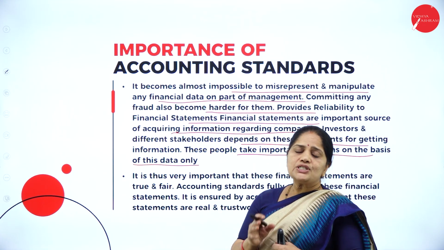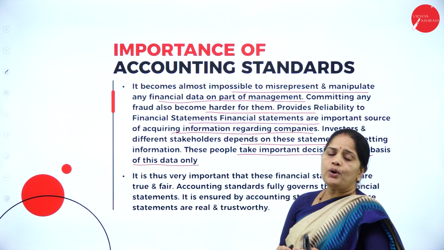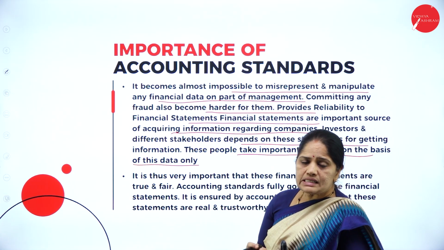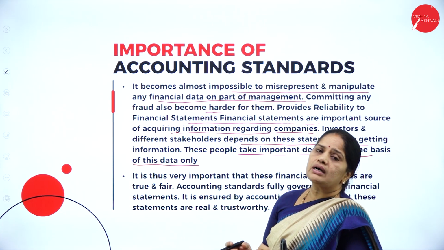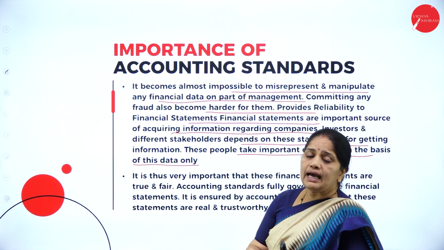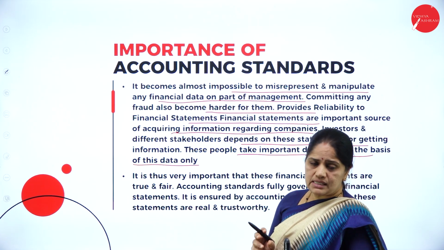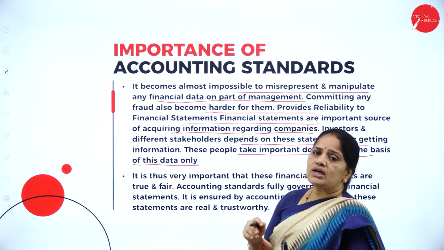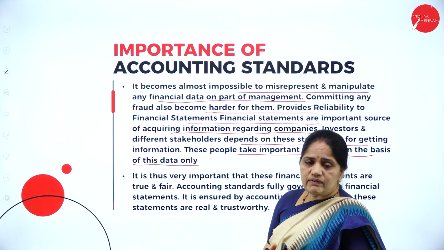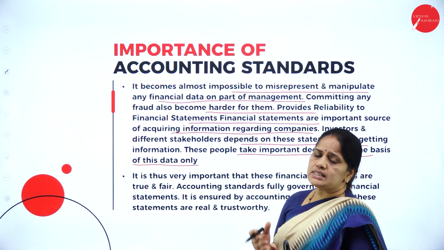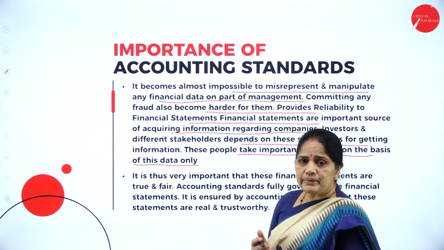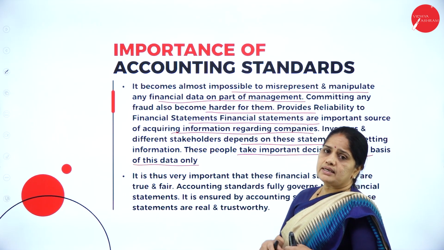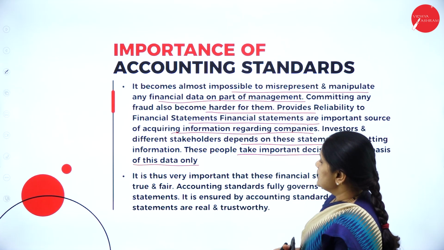Now, the financial data becomes very, very important for the organization, because all the stakeholders relating to the organization rely entirely on this kind of data. So based on the data being presented, they will be taking important decisions, and as such it should not be misrepresented, and this cannot be misrepresented because of the accounting standards.